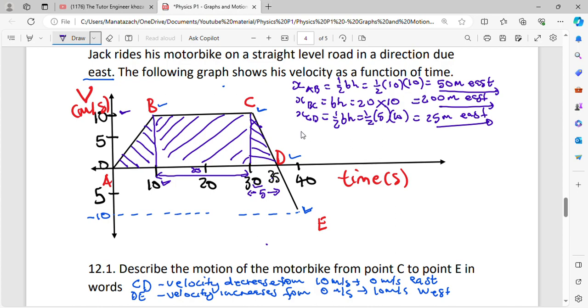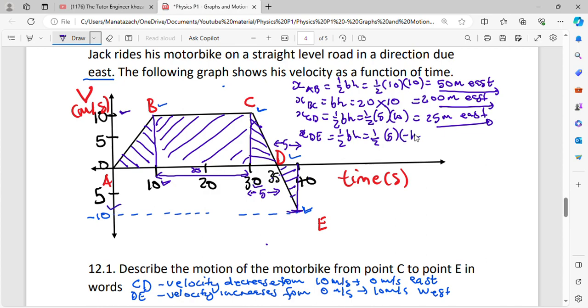Now let's do the displacement between D and E, which is going to be this small triangle there. So also the base is 5, between 35 and 40, that is a 5. So we'll have half base times height. The base is 5 seconds. The height is minus 10 meters per second.